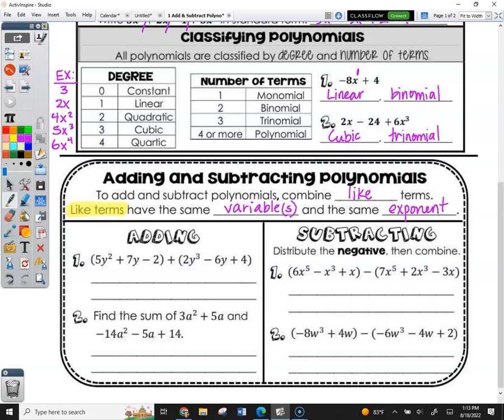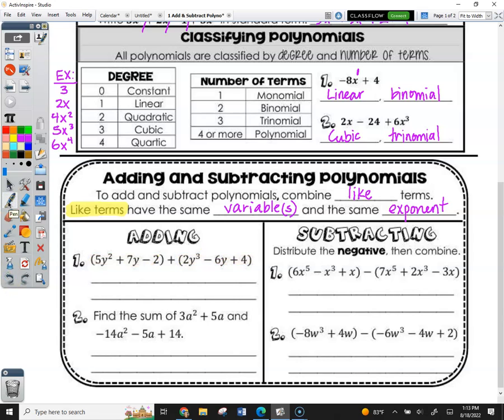Think of the variables and the exponents as like a last name. You can't combine it unless the last name matches. So look at number 1. We're adding this mess to this mess, right?